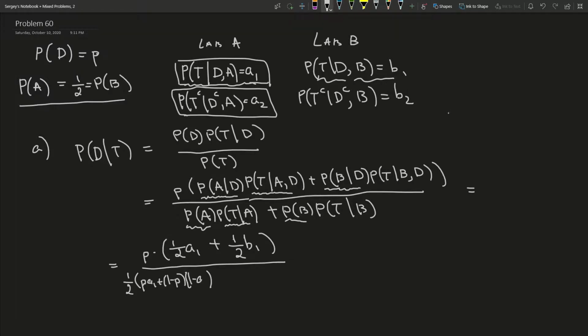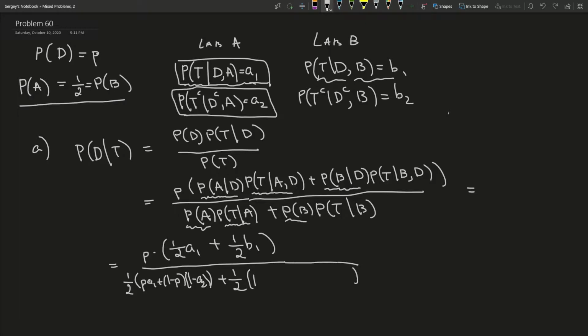So 1 minus A sub 2, plus the prior probability of sending the test to lab B, which is 1/2, times the probability of testing positive given that the results were sent to lab B. Well, again, we're going to implicitly apply the law of total probability. We're going to say that can happen in two ways.